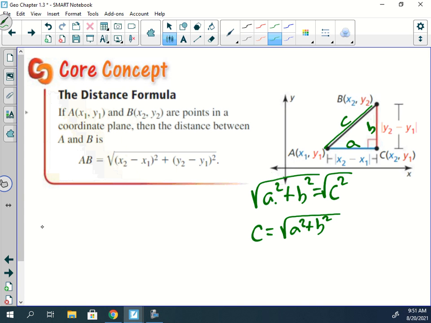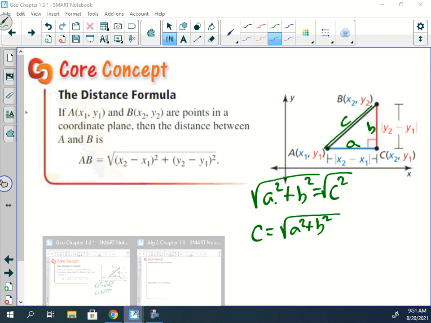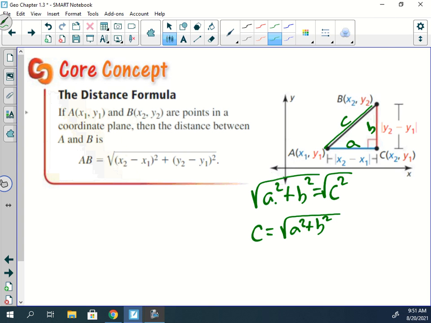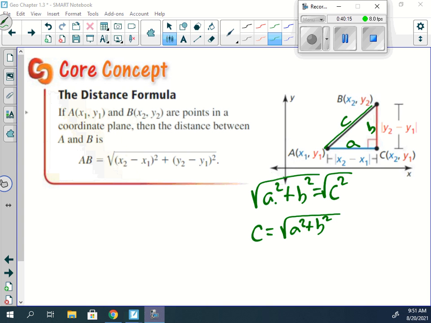Here, it does not. Mainly because of the squares, the fact that we're squaring each set of parentheses. Because if we square a negative number, a negative times a negative is a positive. A positive times a positive is a positive. It'd be a positive also. Okay?